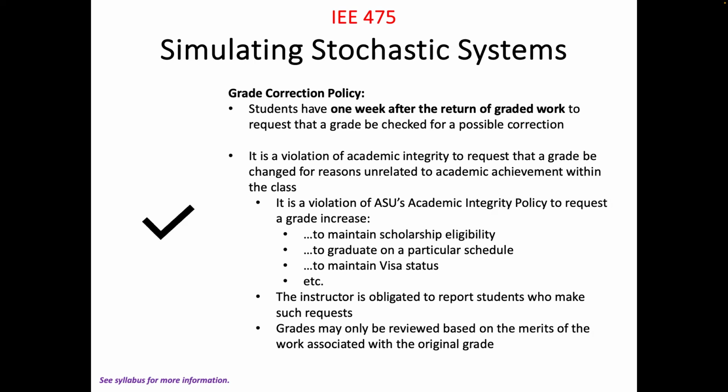So if we made a mistake, absolutely come to me or the lab TA and say, hey, I think this is mistakenly graded. We'll take care of it. But if it's like, it would be nice if my grade was higher for reasons that have nothing to do with the course, I have to report that.